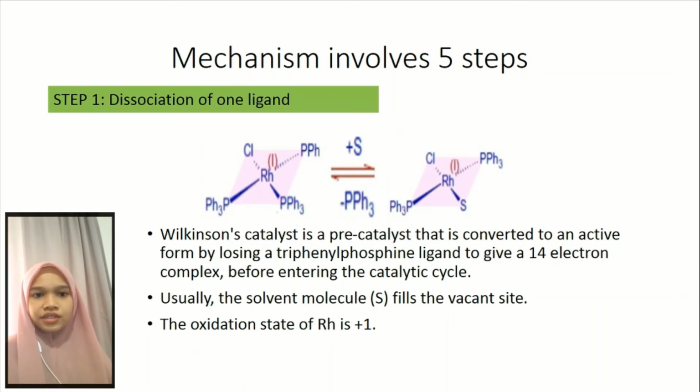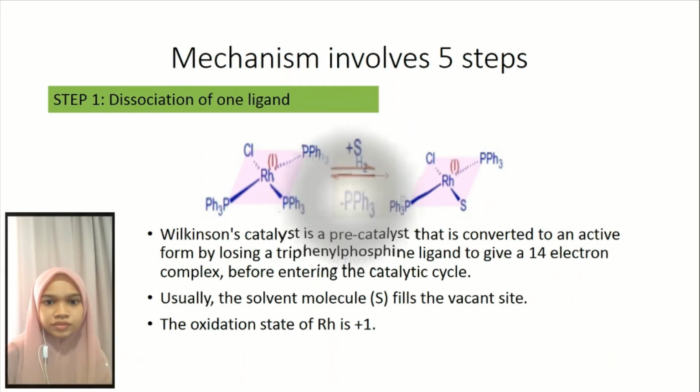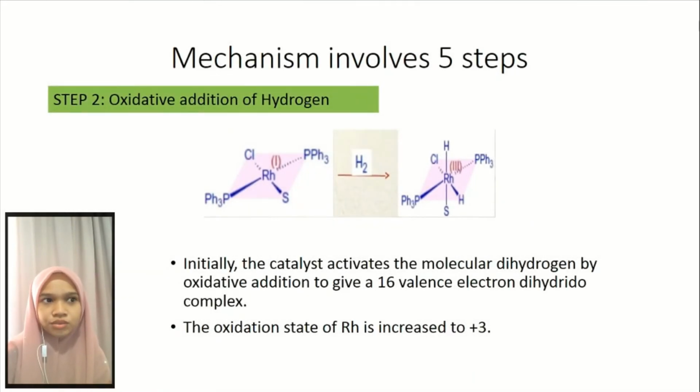The oxidation state of Rh in the middle of the catalyst structure is +1. Step 2 is the oxidative addition of hydrogen.